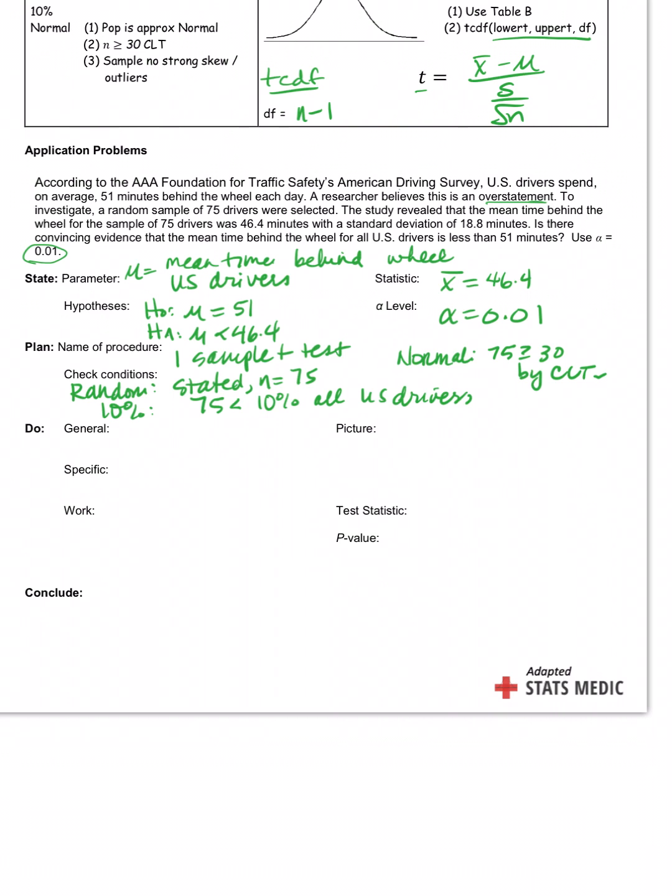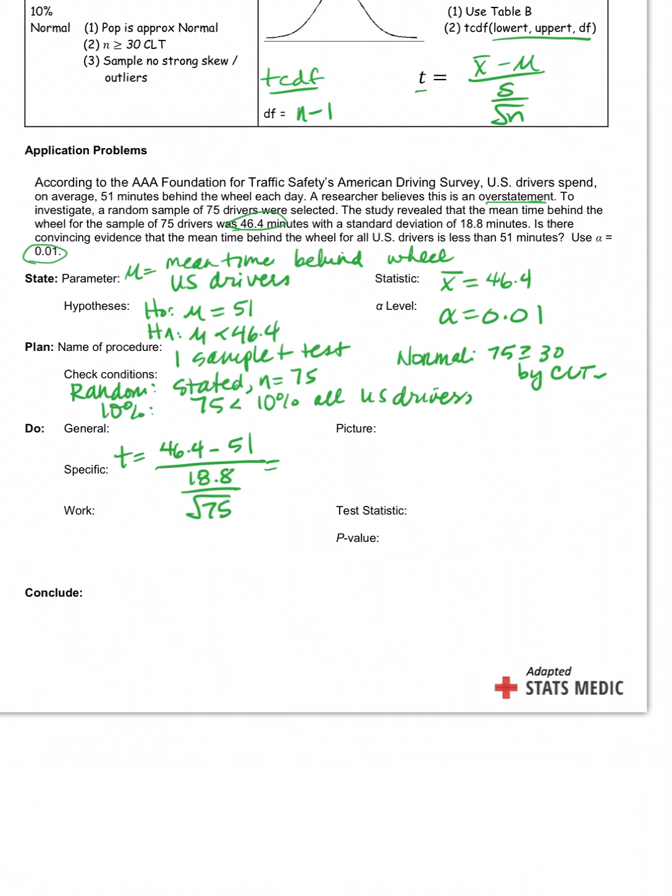All right, so if I'm going to do my formula work here, I'm just going to put it up here. It says that the mean of the sample was 46.4 minus 51 over the standard deviation of 18.8 divided by the square root of 75. Now, I'm going to use my calculator to save time.